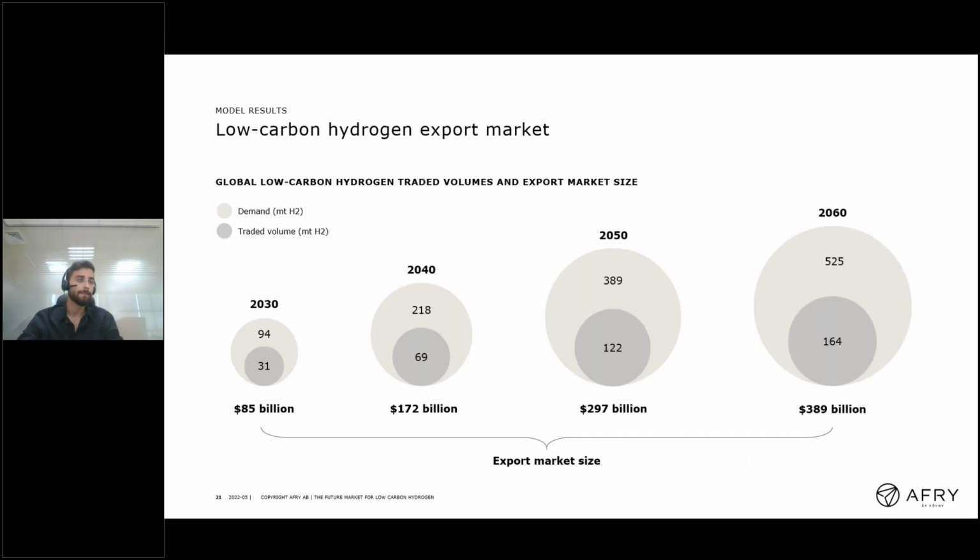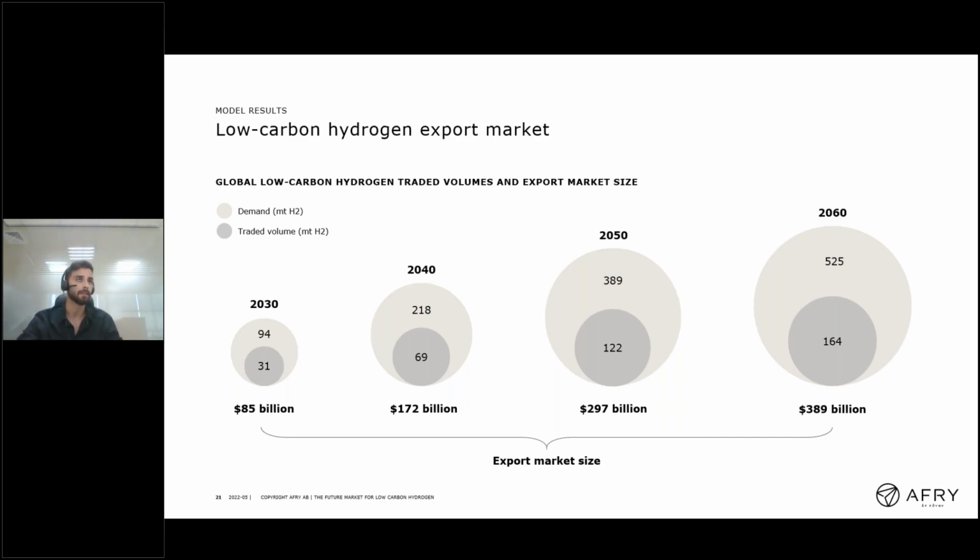So finally, to answer the question of whether a hydrogen export market will actually exist, the model does not only suggest that an export market will exist, it sees that it will be necessary to meet global hydrogen demand at the lowest price possible.